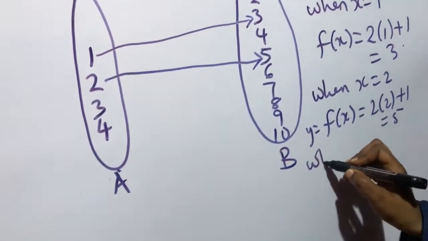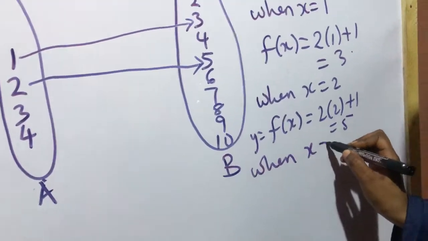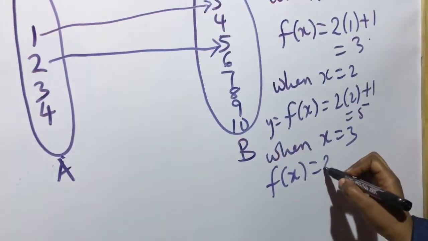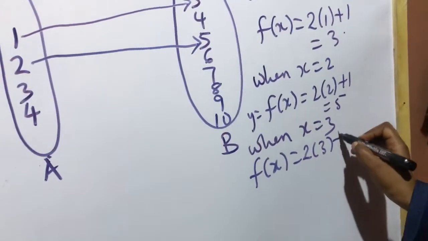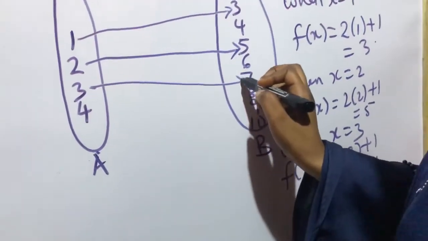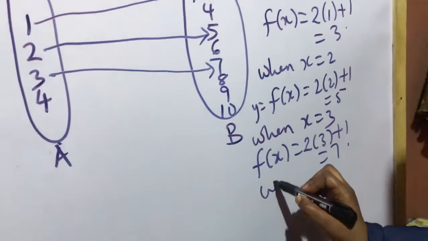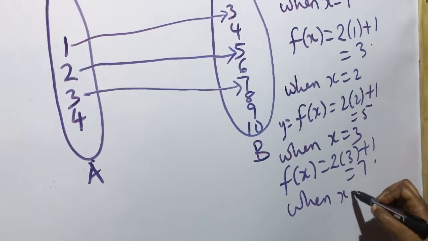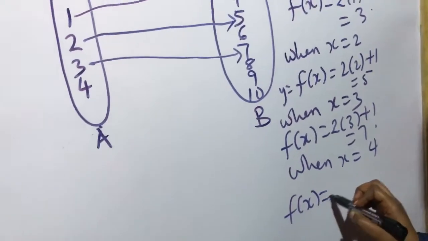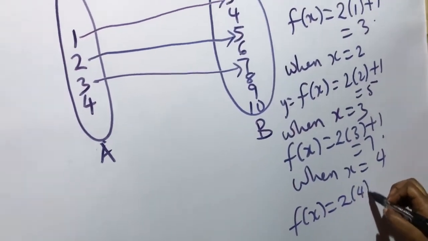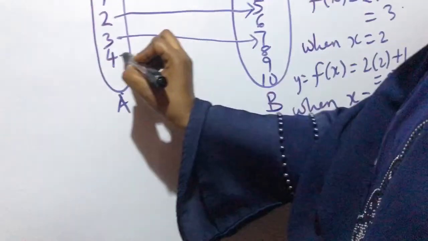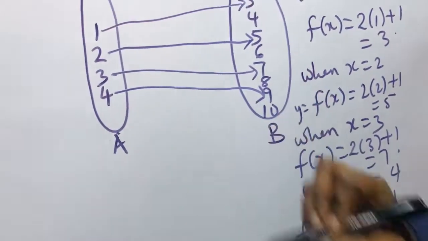When x is equal to 3, f of x is equal to 2 multiplied by 3 plus 1, and that is equal to 7. So this one goes to this one. When x is equal to 4, f of x is equal to 2 multiplied by 4 plus 1, and that is 9. So this one goes here.